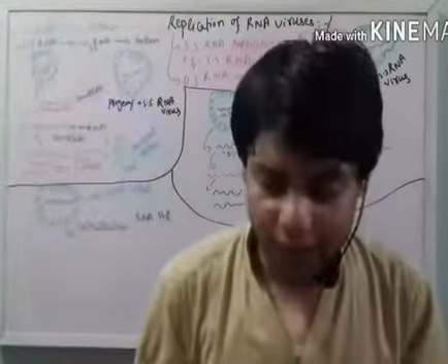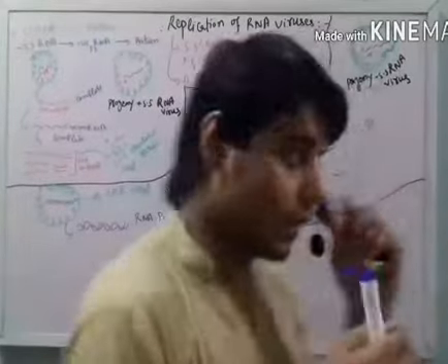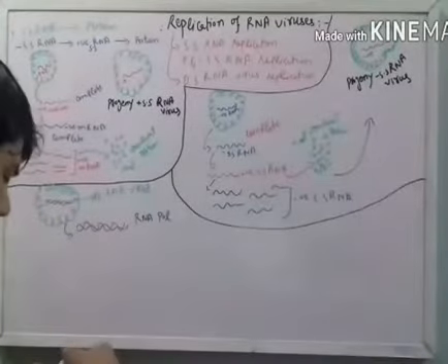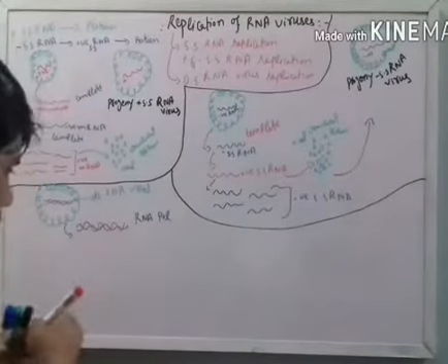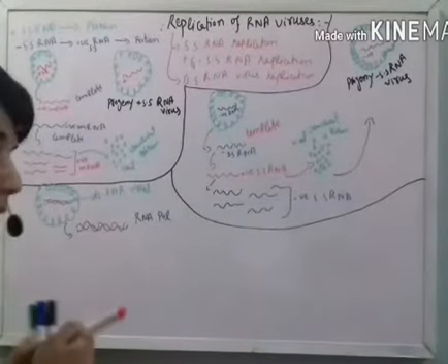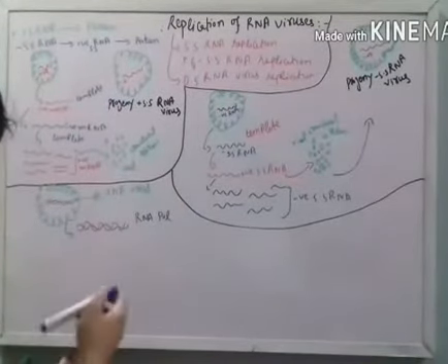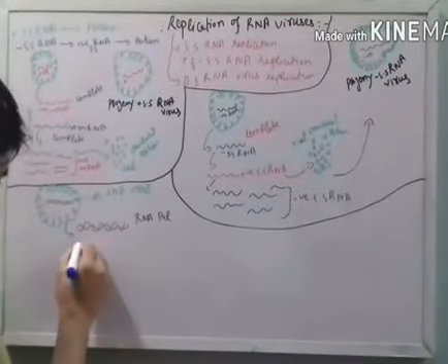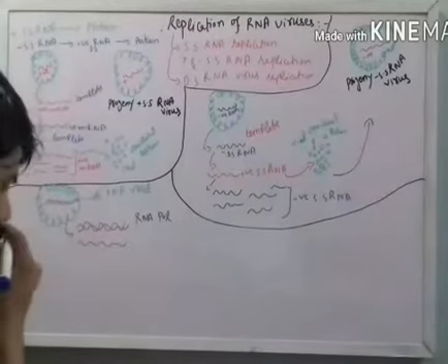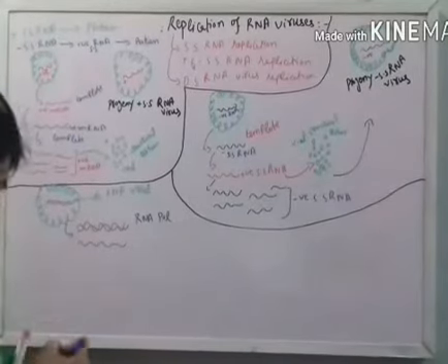Once they use the RNA polymerase enzyme, after that they release positive mRNA. So what do we get? We get positive mRNA. This blue one is positive mRNA.